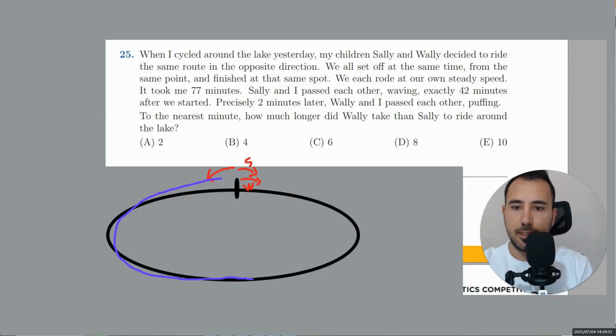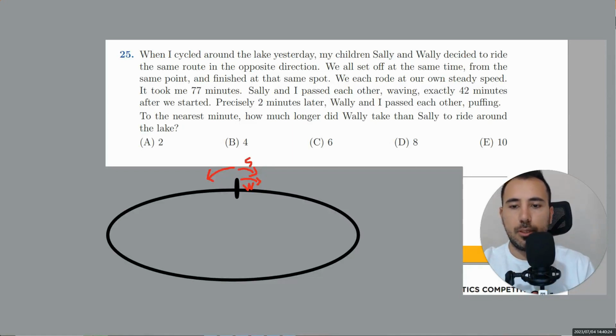First, they meet Sally, so first Sally would go like this, and they meet here. The mom will continue, and then you will just see W. So W is slower. It's the slowest of all of them. Okay. So now we just have to say again, how large is this ring shape?